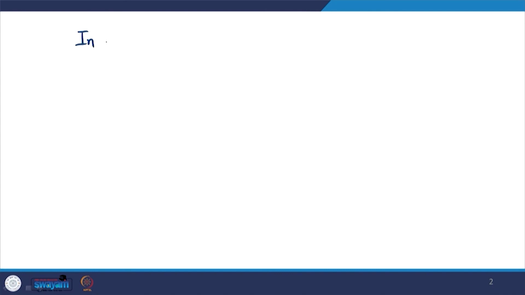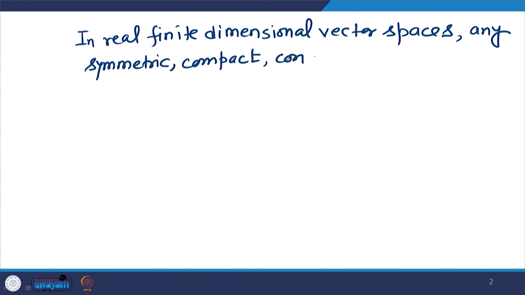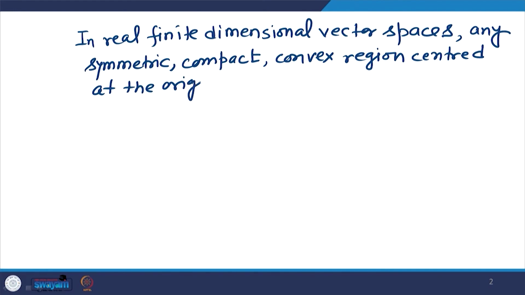So, in real finite dimensional vector spaces, any symmetric, compact, convex region centered at the origin defines a norm.